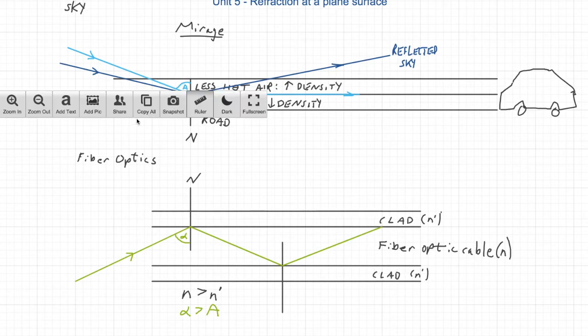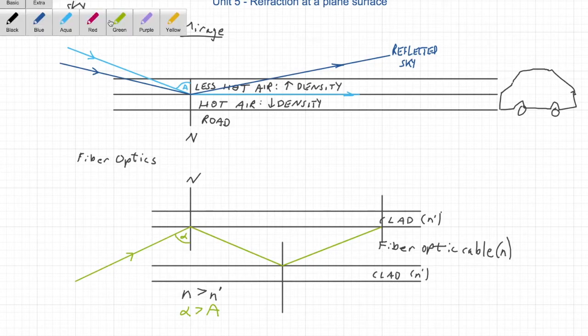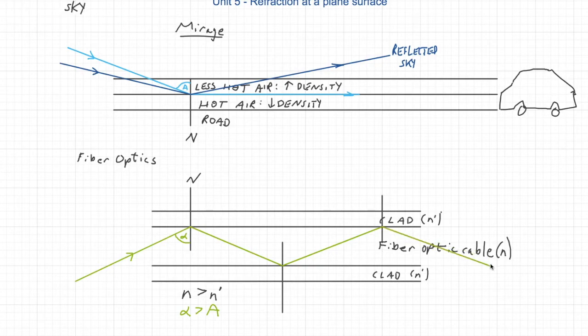And that's going to hit the opposite side and be reflected again. So the reason why fiber optic cables are able to keep the light inside of them is there's total internal reflection, because the angle that the incident ray hits the inside of the cable at is greater than the critical angle.